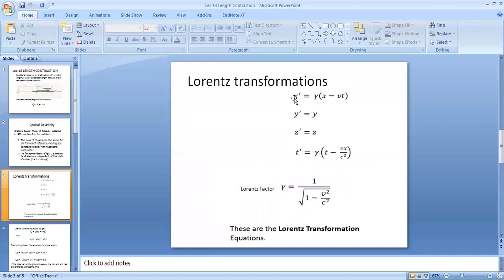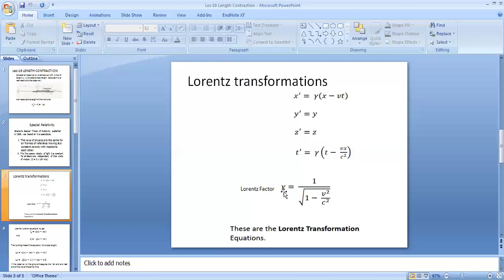These two coordinates can be interlinked through gamma, the Lorentz factor. x dash equals gamma into x minus vt, y dash equals y, z dash equals z, t dash equals gamma into t minus vx over c square.